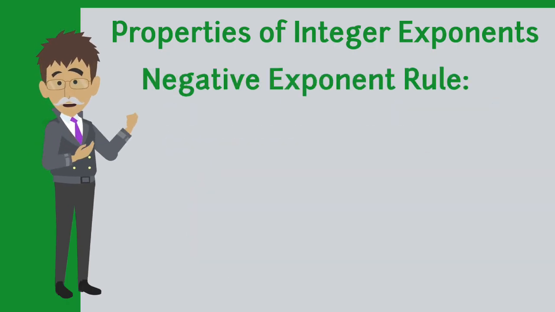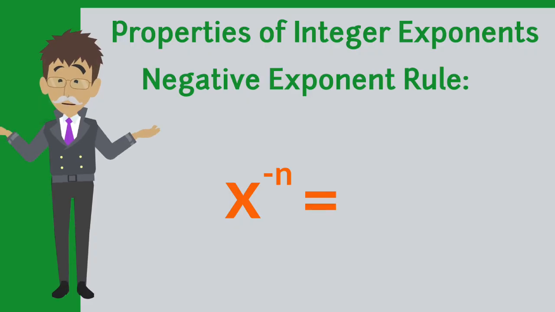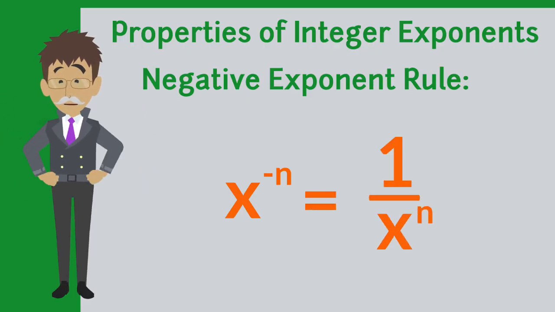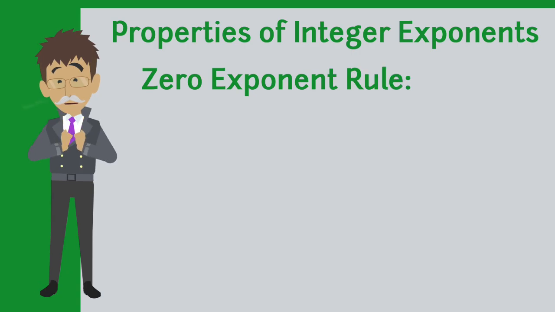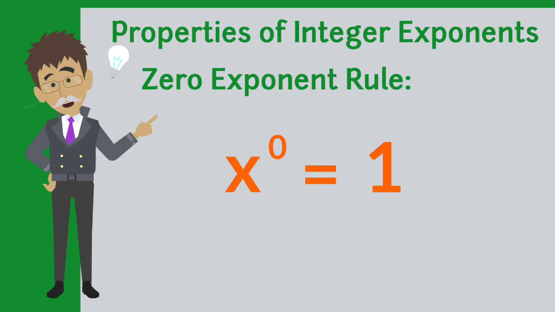Negative exponent rule. X to the negative n power is the same as 1 over x to the n power. Zero exponent rule. X to the 0 power equals 1 for any number where x does not equal 0.